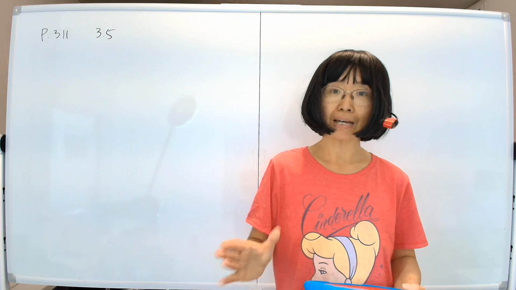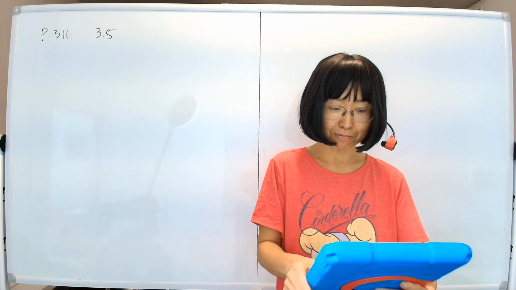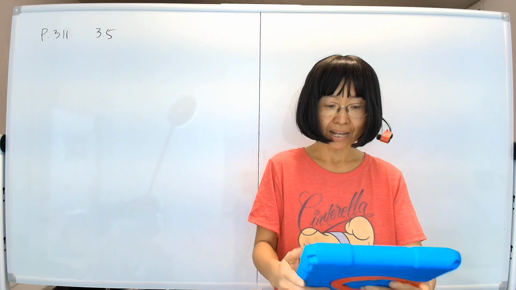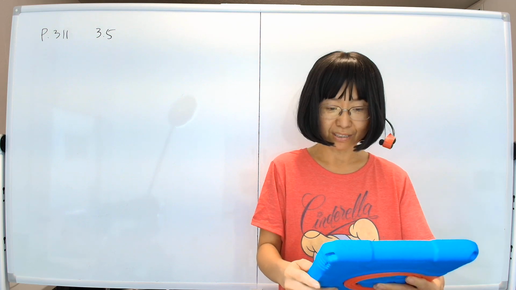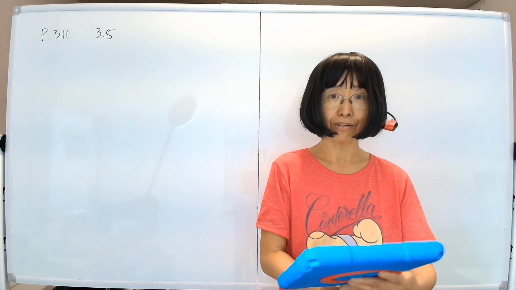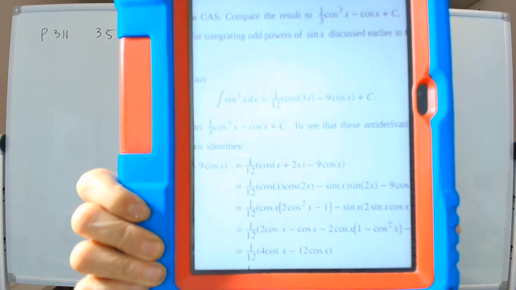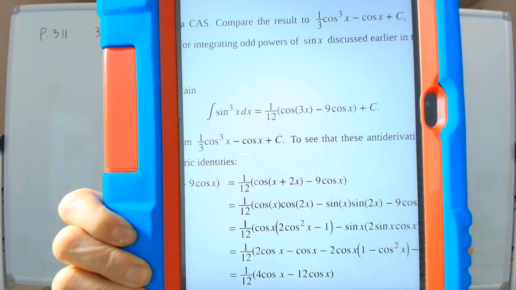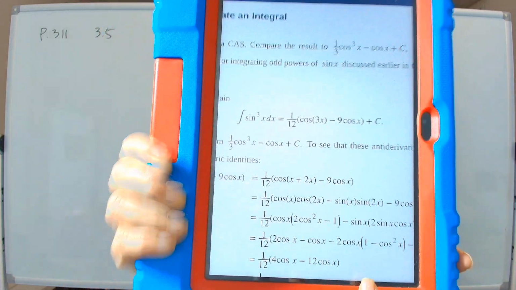But if you type it into the calculator, and especially the Wolfram calculator the book uses, it gives you an answer that has a whole bunch of multiple angles in it. That is, they gave the answer as cosine 3x instead of the right answer, which is a little bit lower on this side right here.